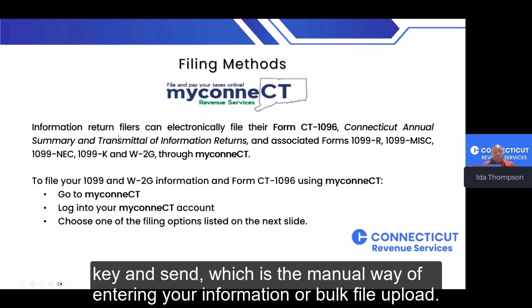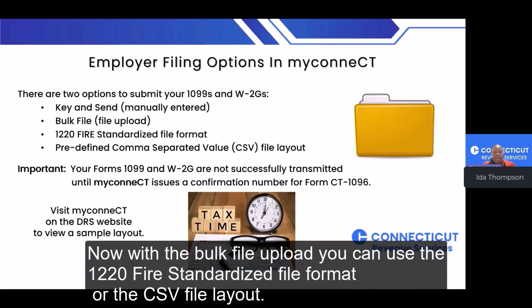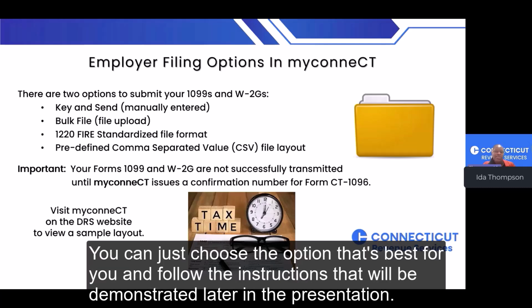Key and send, which is the manual way of entering your information, and bulk file upload. Now, with the bulk file upload, you can use the 1220 FIRE standardized file format or the CSV file layout. You can just choose the option that's best for you and follow the instructions that will be demonstrated later in the presentation.